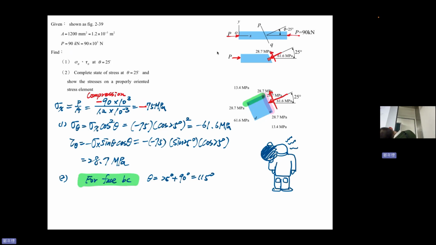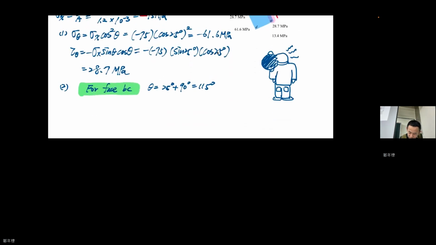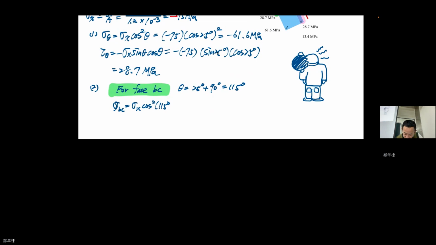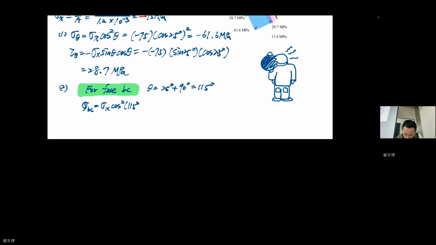We need to do that to see the green one. Okay? I used to dream of being a manga artist when I was little, but you can see I have no talent. Anyway, sigma BC equals sigma x cosine square 115 degrees. I'm sorry.